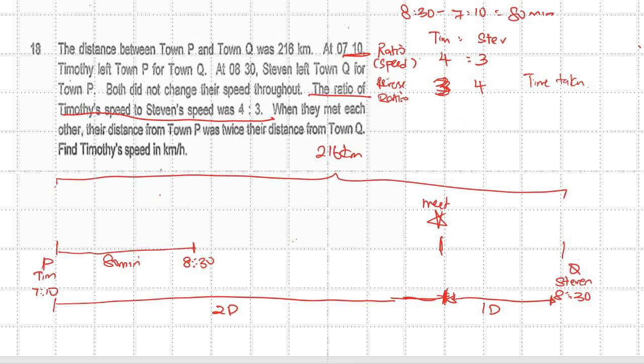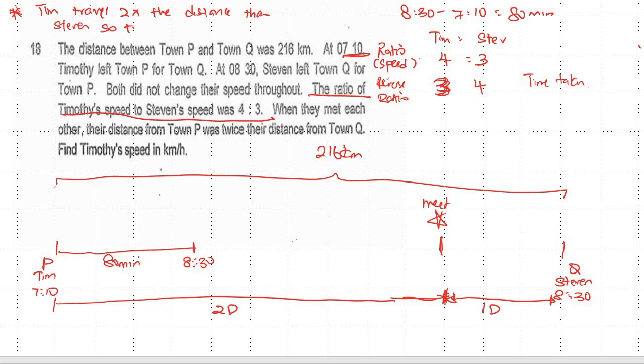I'm talking about ratio. But then now I know that actually Timothy traveled 2 times the distance than Stephen. Okay, establish fact number 1: Timothy traveled 2 times the distance than Stephen.